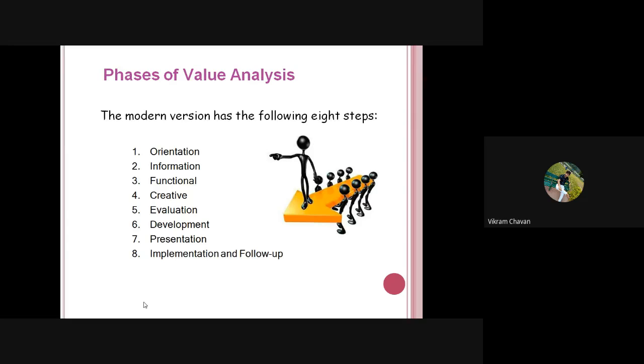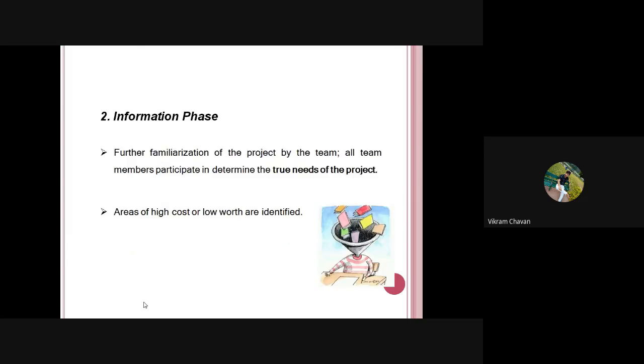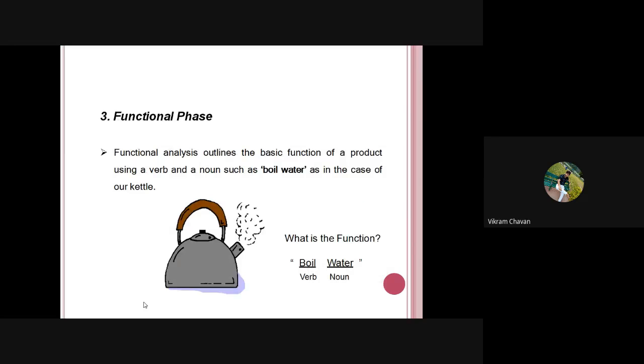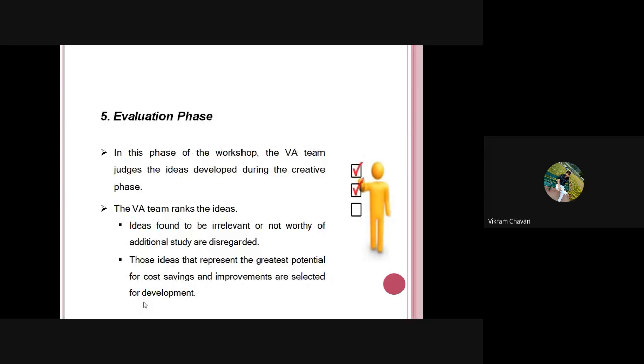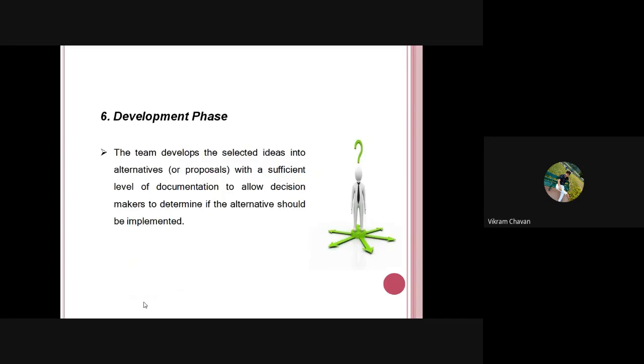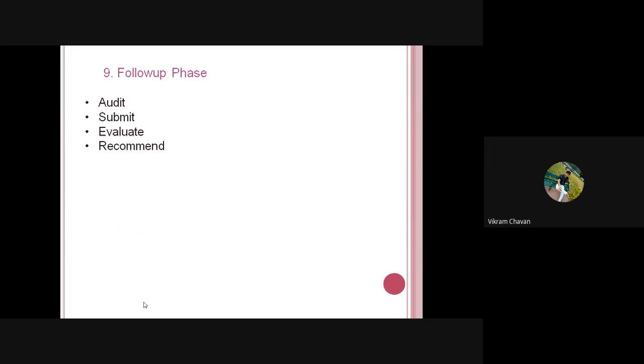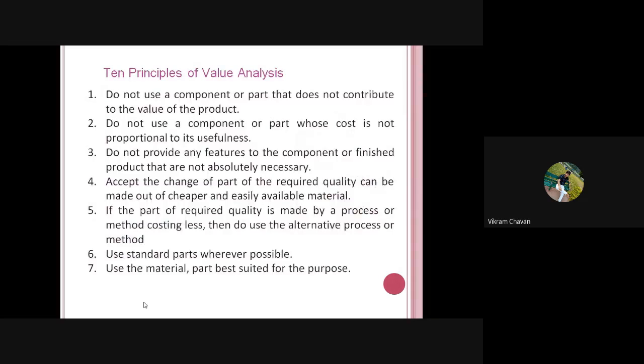Okay, so this is the positive point of value analysis, and you are learning these things in your final year. We have discussed some of the concepts related to the phases, and the steps involved in each of the phases. Then the next one is the 10 principles of value analysis.